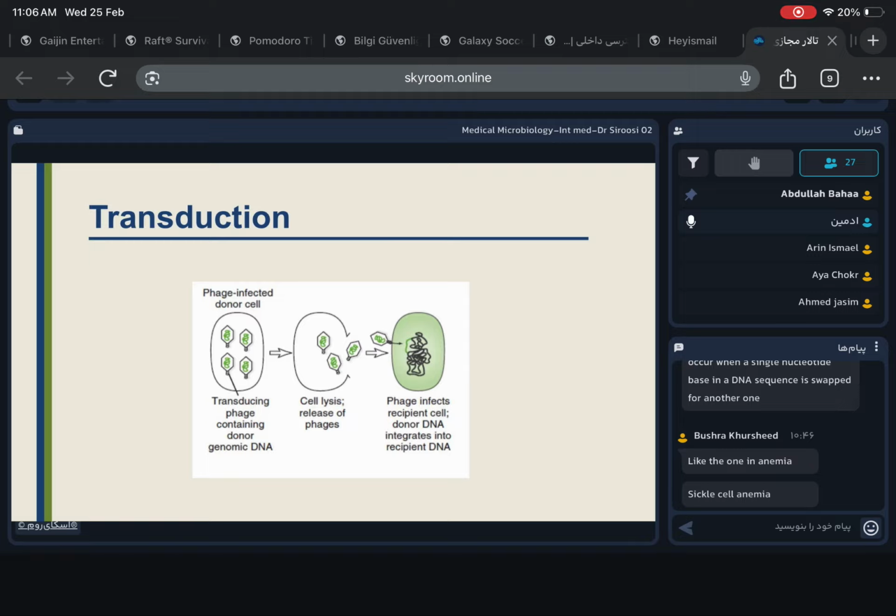And when they infect the new host cell, they just transfer those fragments of DNA from their previous host to the new host. And this DNA can integrate into the recipient's genome, and it's possible that this fragment encodes a new gene which the recipient cell doesn't have. And in that case, the recipient cell is showing new features.